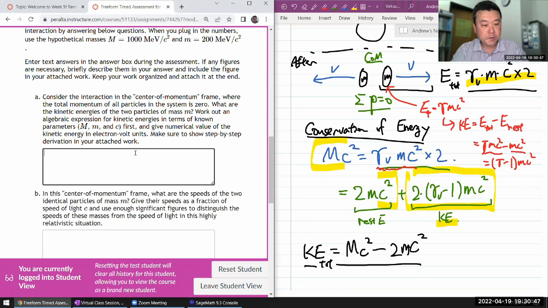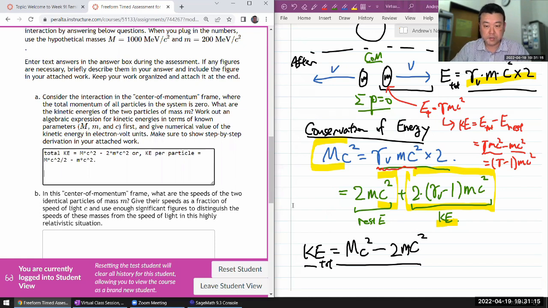So the total kinetic energy would be Mc squared minus 2 times mc squared, or kinetic energy per particle is half of that. So it will be M times c squared over 2 minus 2 cancels out, small m times c squared.